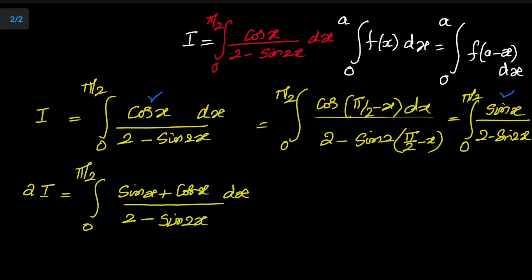Now our focus should be what function will give me derivative as sin x plus cos x. So let's write down. We want to get sin x plus cos x dx equals to dt. What should be our t then?